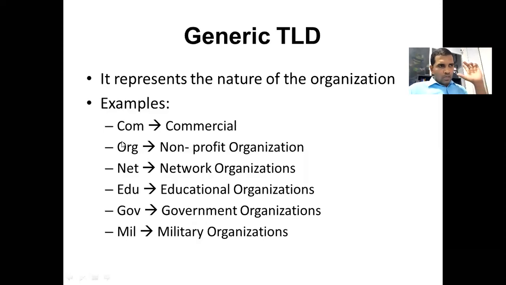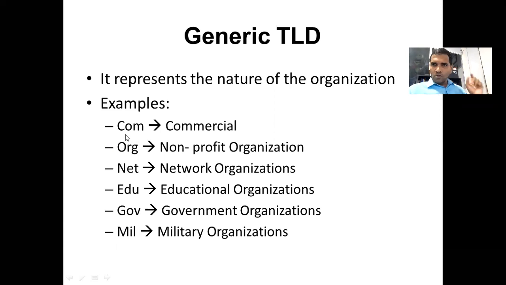Have you understood? In all these top level domain names, I have listed 6, but there may be more than 6. But I have listed some of the most commonly used generic TLDs. In none of these TLDs is the country reflected. You cannot identify the country when you see these TLDs, but definitely you can identify the type or the nature of the organization when you see these generic TLDs.